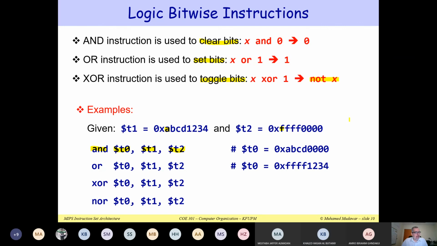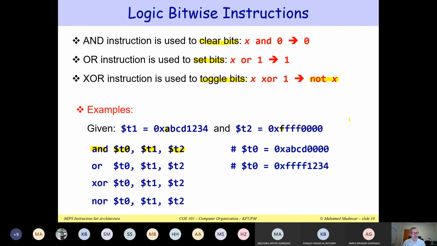Yes, exactly, because 5 plus A will give me 15, which is F in hexadecimal. So you are going to complement the bits of A. A is 1010, so you get 0101, which is 5. In hexadecimal, if you add A plus 5, you get 15. So when you complement A, you get 5.